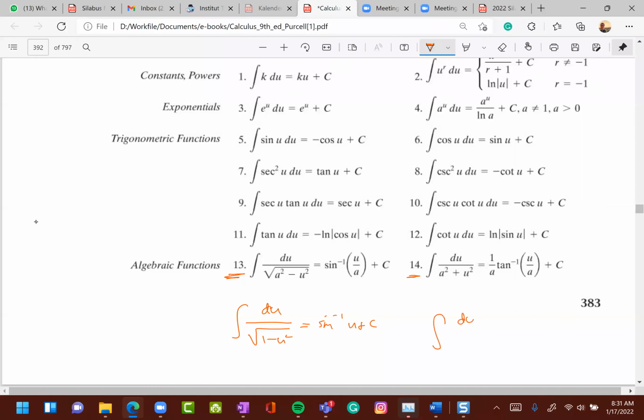So that's the idea of how you get arcsine or arctan. That's related to this problem. Let's do this one.